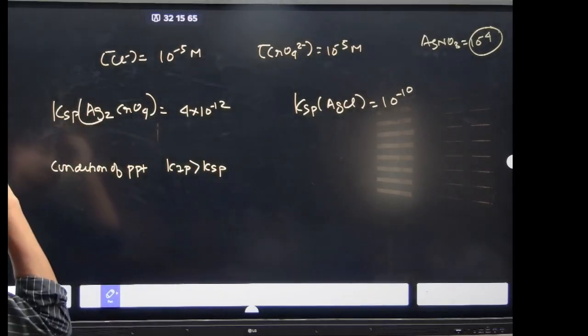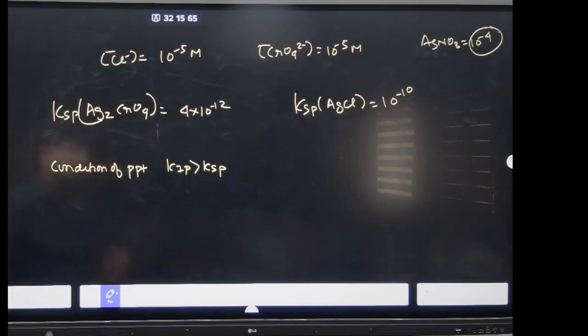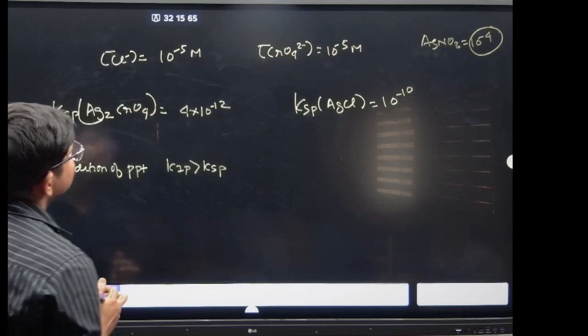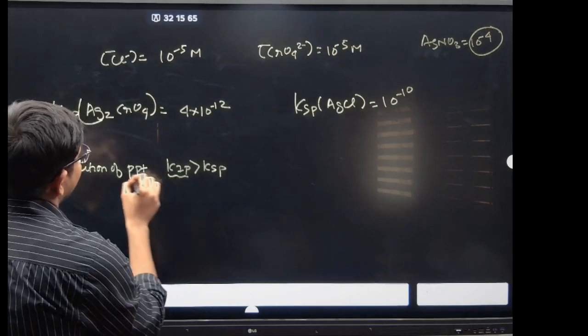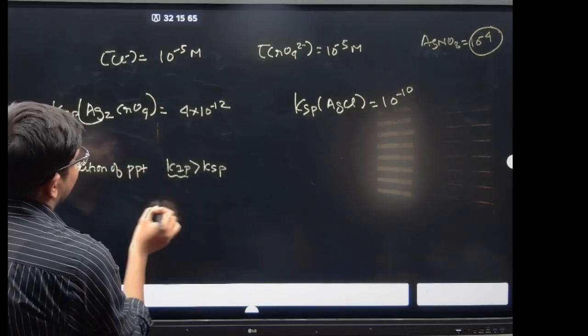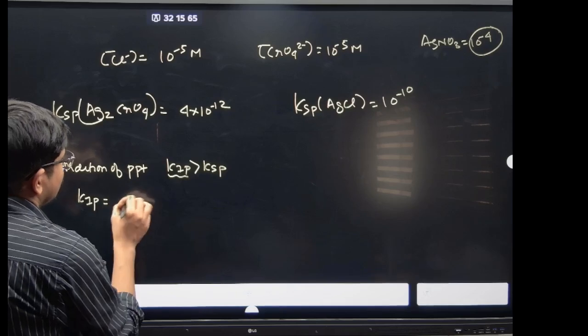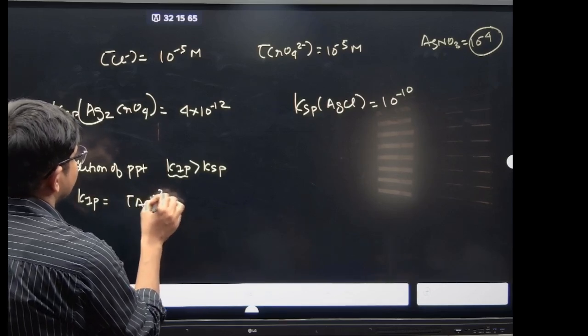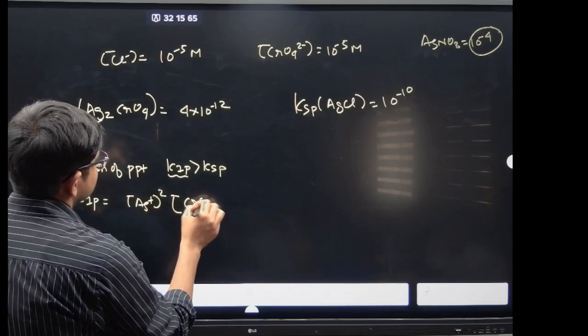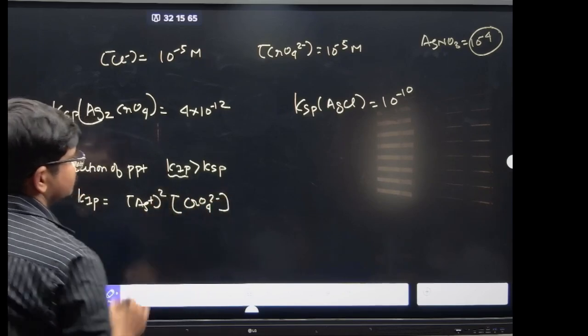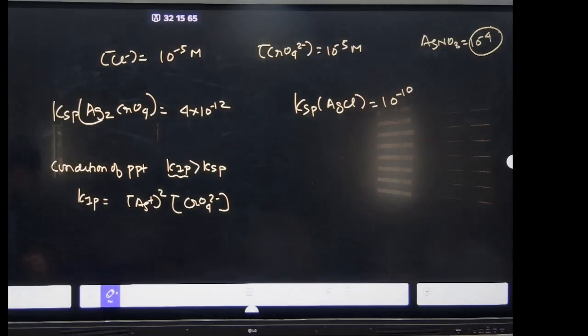So here, what is the KIP for Ag2CrO4? How will you find the KIP? It will be the concentration of Ag plus squared into the concentration of CrO4 minus. Clear?